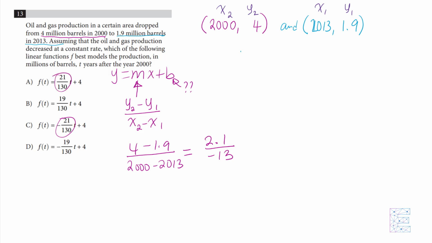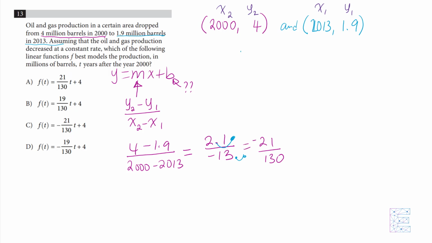The reason we don't have a decimal is that whoever wrote these answers decided to move the decimal to the right one place. If you move the numerator one place, you have to move the decimal for the denominator one place as well. That's how you end up with 21 over 130. But don't forget, this was a negative number, so this is negative 21 over 130.